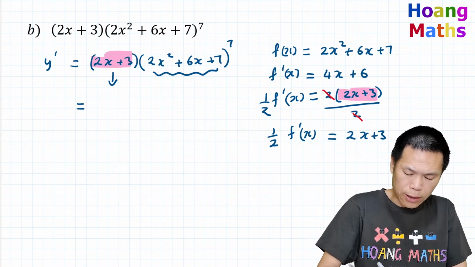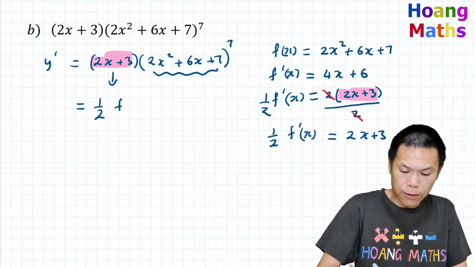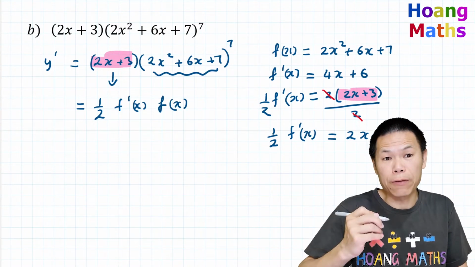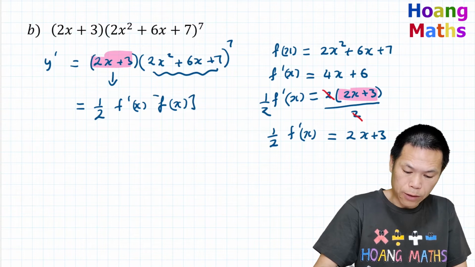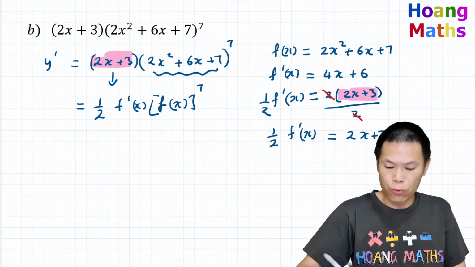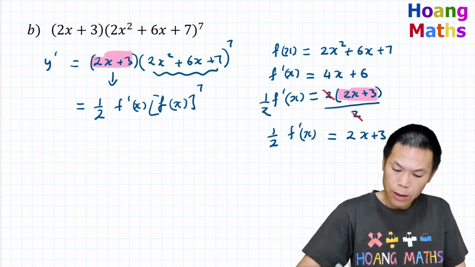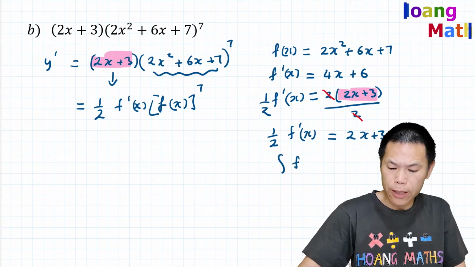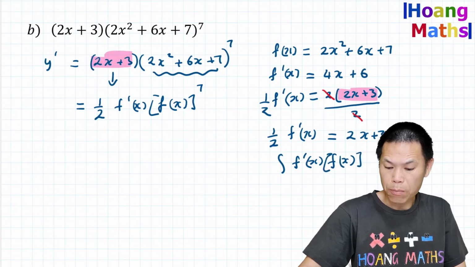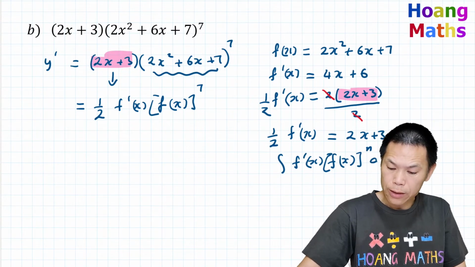So let me just write this down. A half of f dash x, and times by f of x to the power of 7. Okay, so this is to the power of 7. Then to integrate this, we know the rule. So the rule is: integrate f dash x times f of x to the power of n dx.